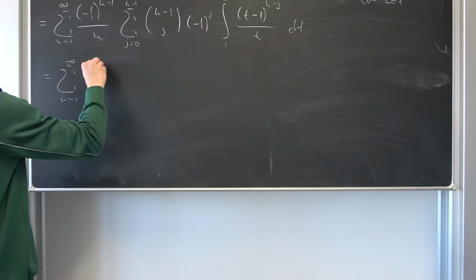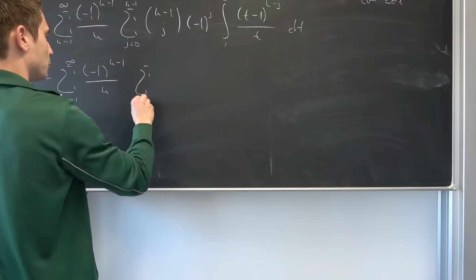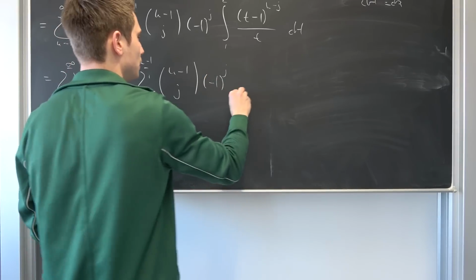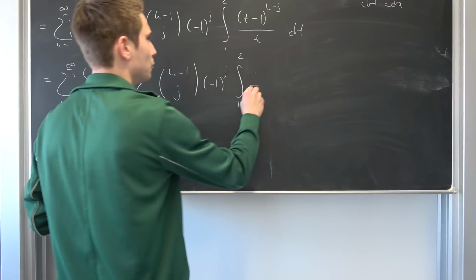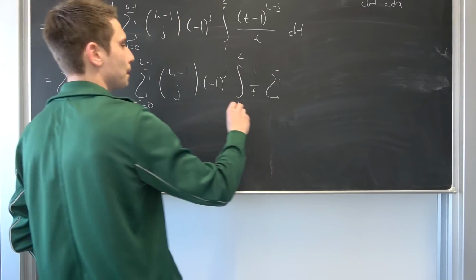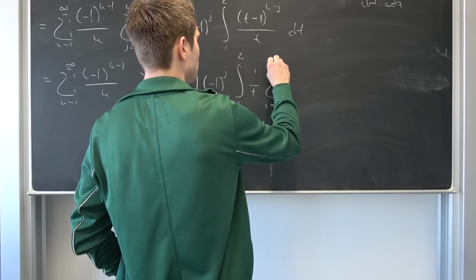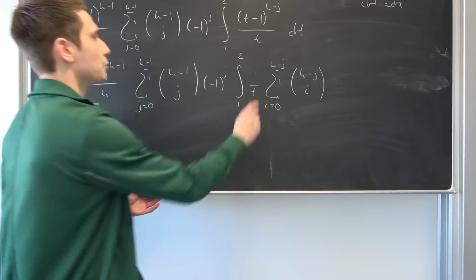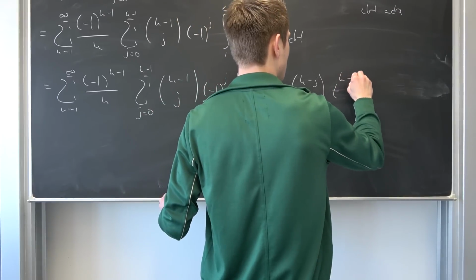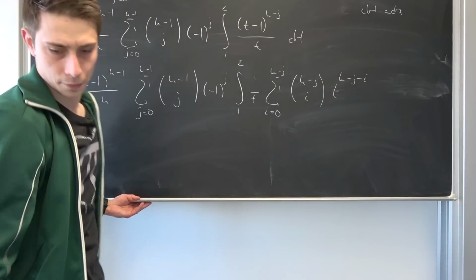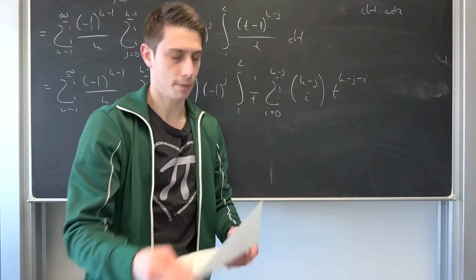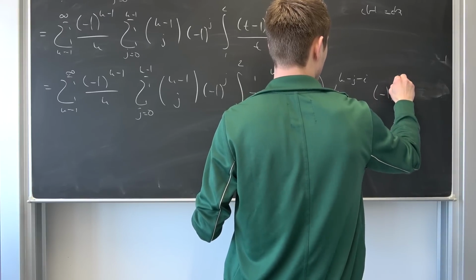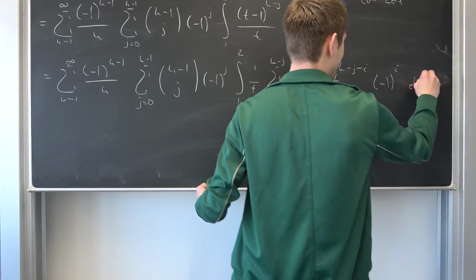k equals 1 to infinity, (-1) to the k minus 1 power over k, sum running from j equals 0 to k minus 1, k minus 1 choose j, (1) to the j power, integral from 1 to 2, then we are going to get 1 over t, sum running from i equals 0 to k minus j of k minus j choose i, and then we have t to the k minus j minus i, times (-1) to the i power, integrated with respect to t.